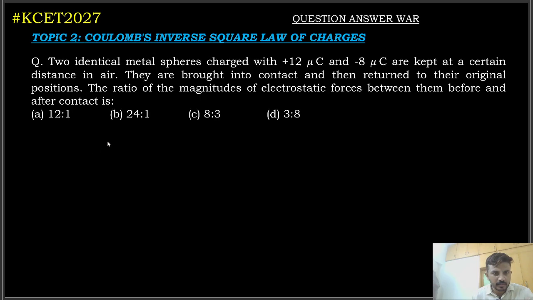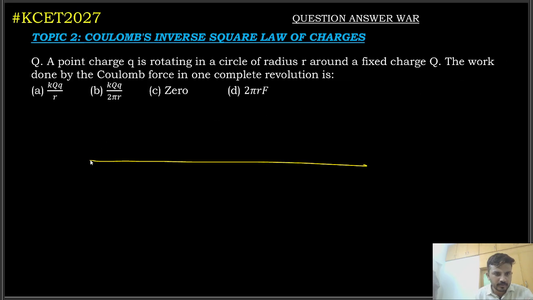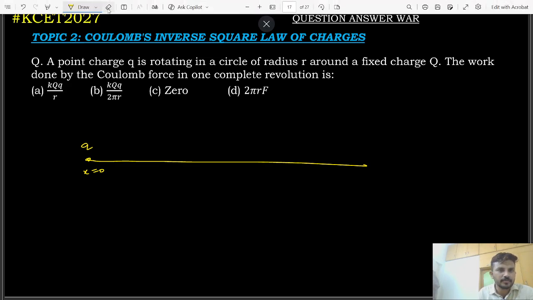This is the origin, x is equal to 0. So there is a charge placed at x is equal to 0 rotating in a circle of radius r. Oh, this is about the rotation. No problem.